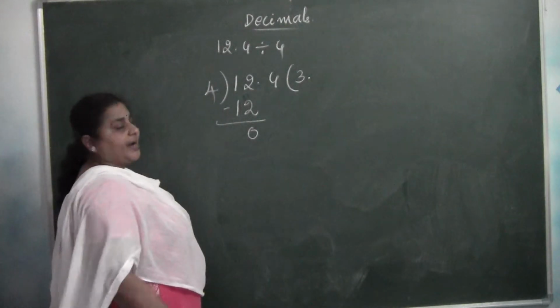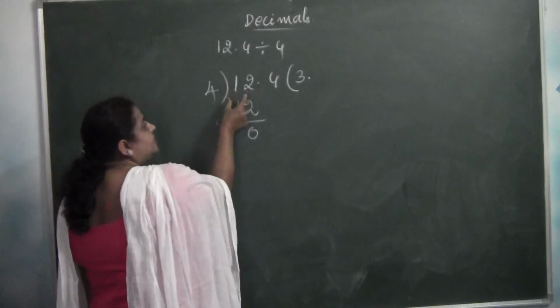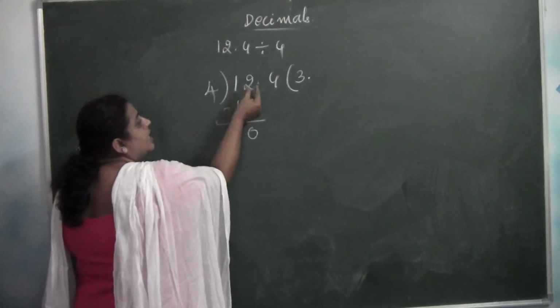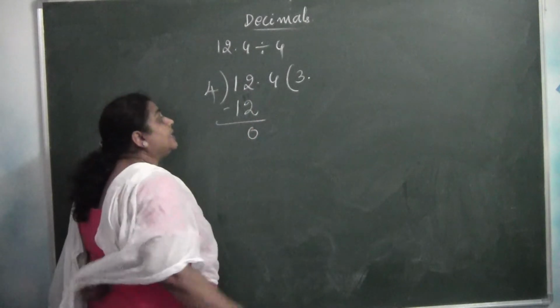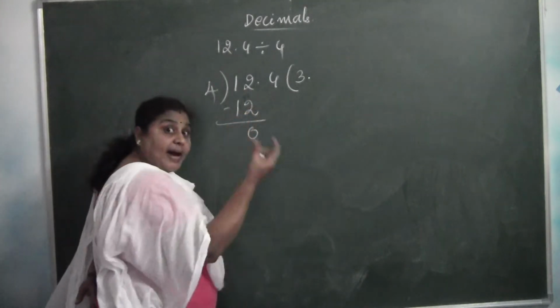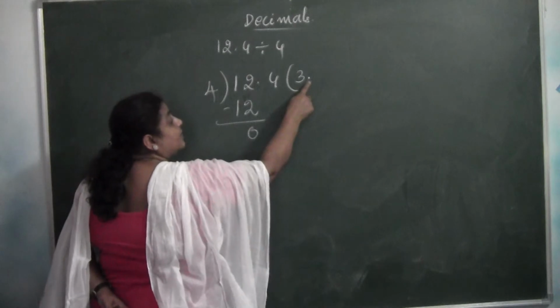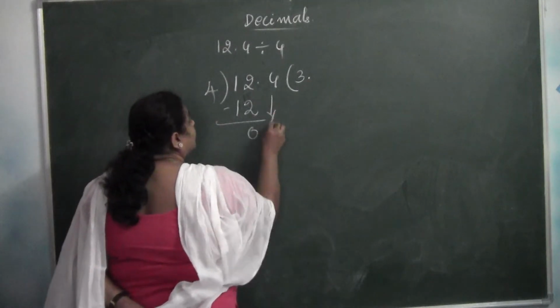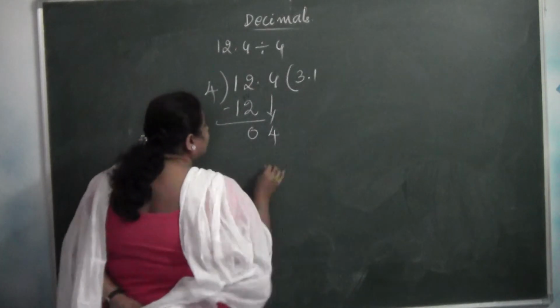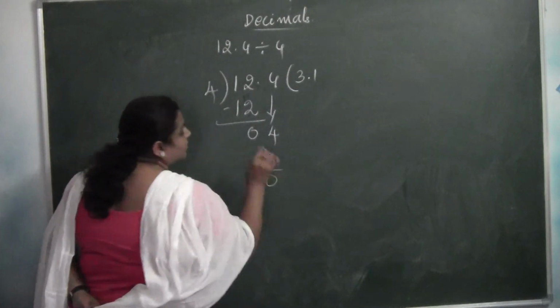So place a point, because once we have done the division with the first two digits, whenever we are coming across with the decimal point, immediately or parallelly you have to place the decimal point in the quotient also. Okay, then drop down 4. 4 ones are 4, 0.